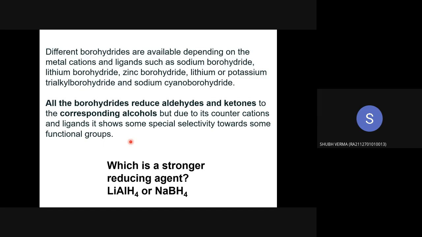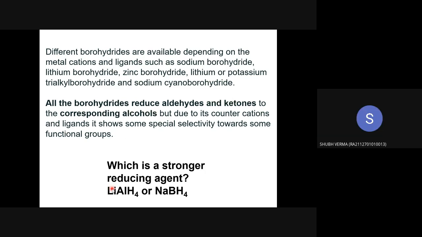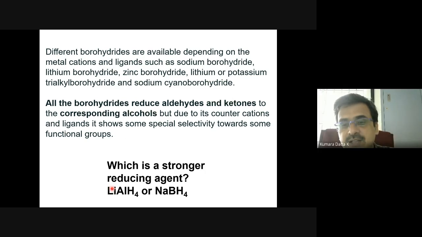Sir, it reduces everything. Okay, it reduces most of the compounds, but there should be some reason, right? Compared to sodium borohydride, why could lithium aluminum hydride be the stronger reducing agent? Just all of you give a thought about it. Sir, because of Lewis acid. Yeah, Lewis acid. In both cases you have aluminum and boron, right? Both show the same type of character.